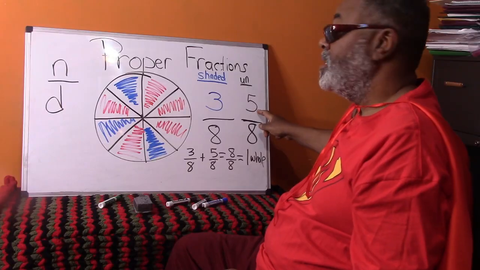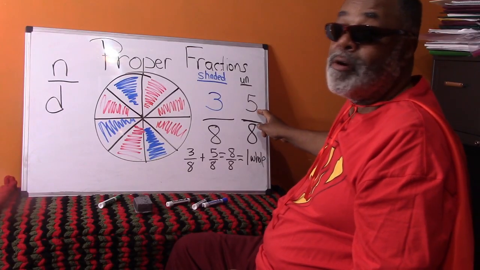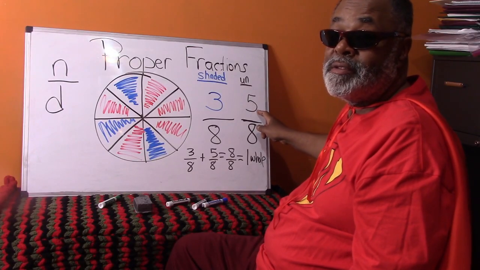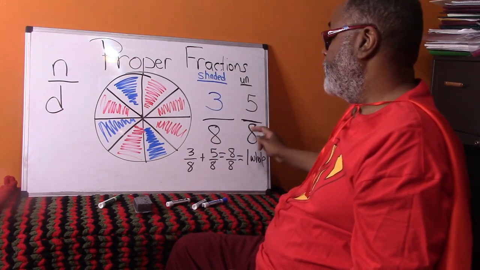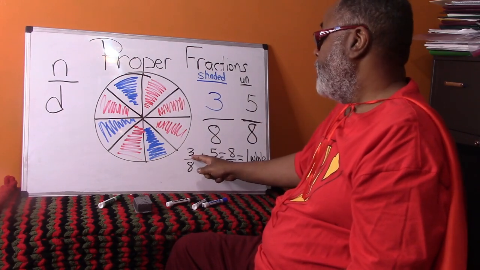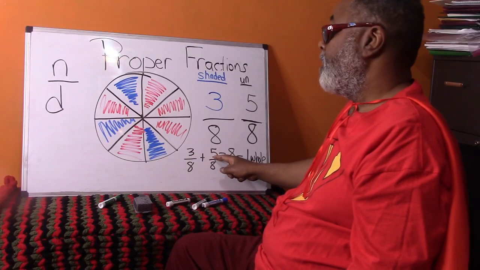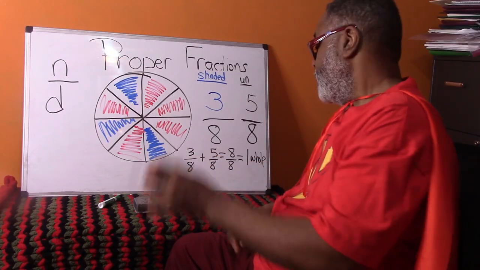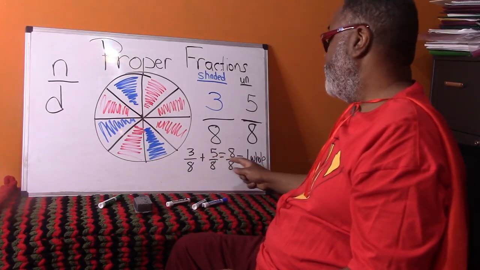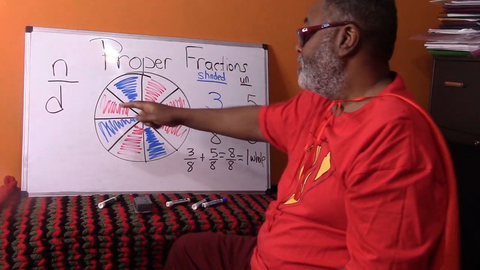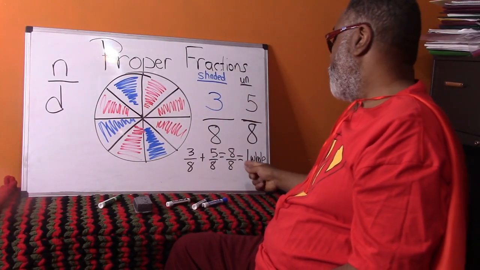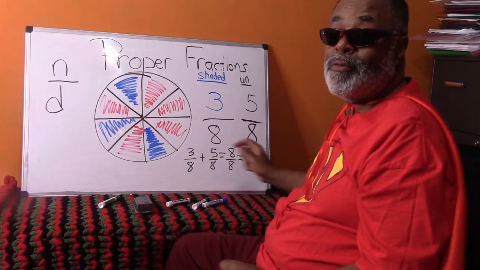And 5/8 is a proper fraction because the whole thing is not shaded. But if I shade all of them, I've got 3/8 shaded blue and 5/8 shaded red. So 3/8 plus 5/8 is 8/8 because the whole thing is shaded, which means 1 whole.